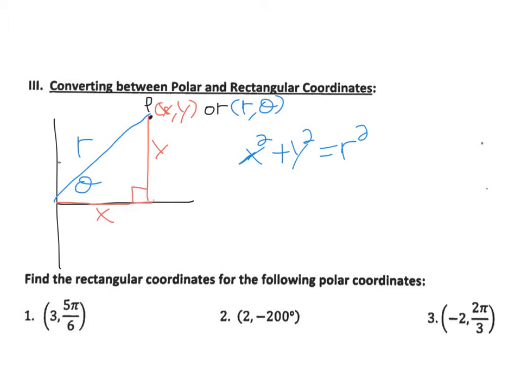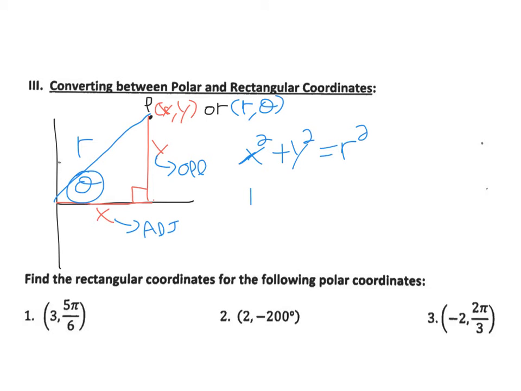Now the other thing we could use, if I wanted to solve for theta and all I know is x and y, the best trig function to use is tangent, because remember, tangent is opposite over adjacent. The y is the opposite. The adjacent is the x value.